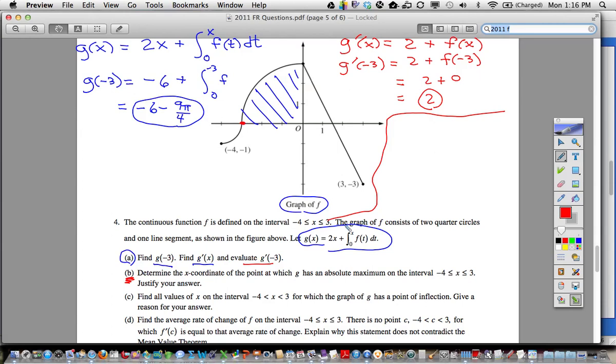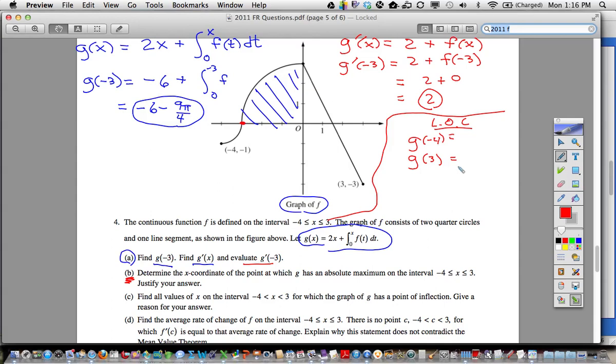How do you find absolute max or min? List of candidates: where the derivative is 0, where the derivative is undefined, and the endpoints. So let's do the endpoints first. Now we're doing a max of G, so we're looking at G of negative 4, and we're looking at G of 3. Those would be my 2 endpoints.